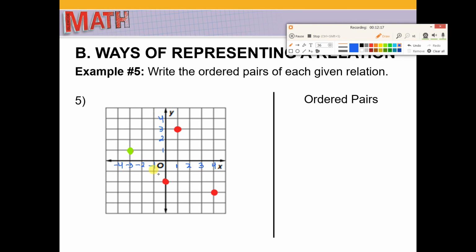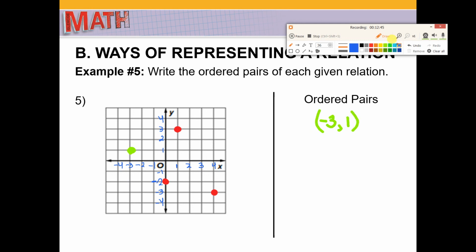And down is -1, -2, -3, and -4. So for the first point, this point, that would be in the x-axis -3, and in the y-axis at 1. So I can write the ordered pair as -3 and 1.